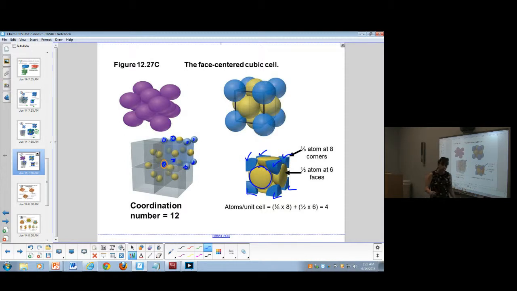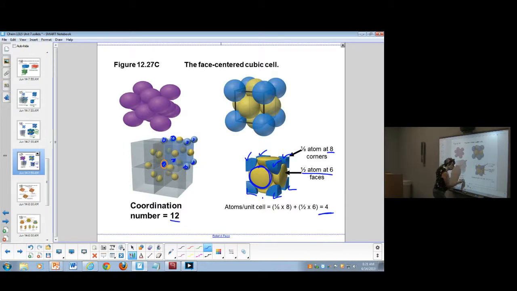In this case, there are 6 atoms at the faces of that block. Half of that atom is inside the block we're looking at, and half of the atom is in the neighboring block. So, because there are 8 atoms, 1/8 at each corner, and there's half an atom at the 6 faces, this has a total of 4 atoms in the cubic cell.